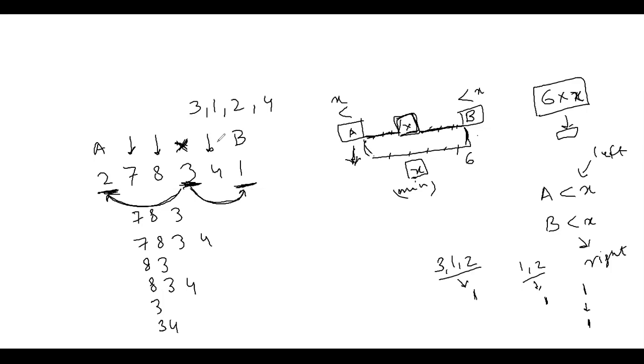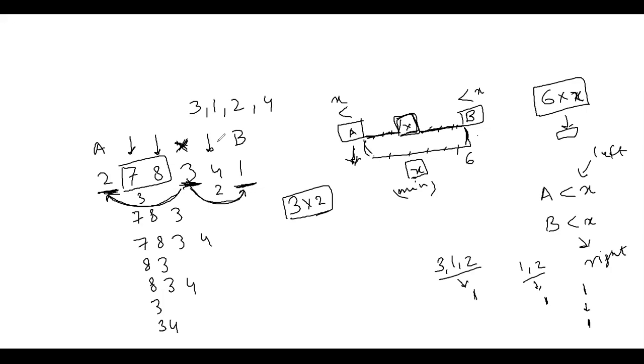If I say that this distance is 3, for example, and this distance is 2, then the claim is we will have 3 into 2 such subsets. Because when you choose 3, there are 3 ways in which you can choose the left side of it.